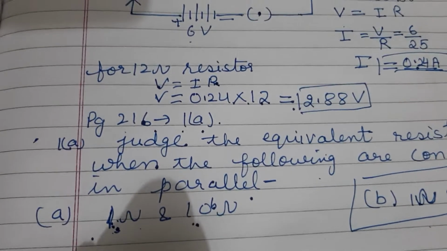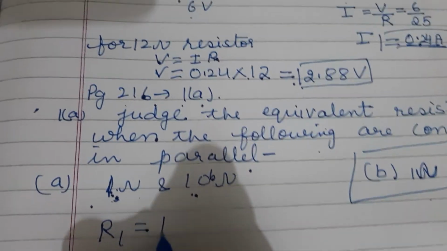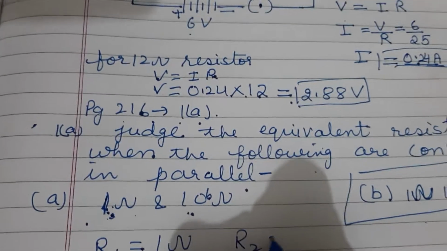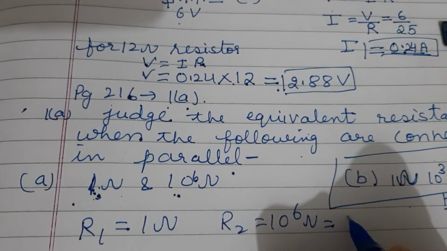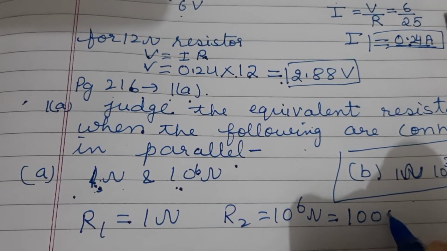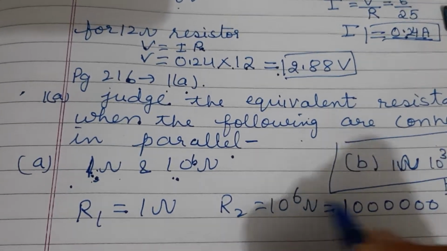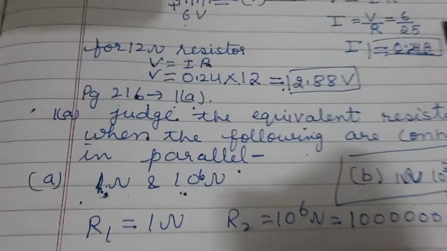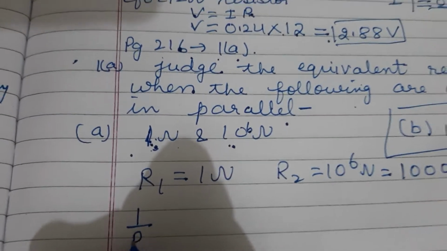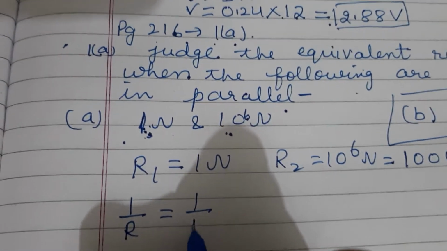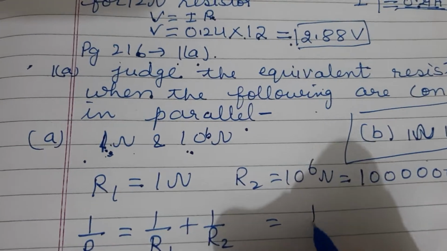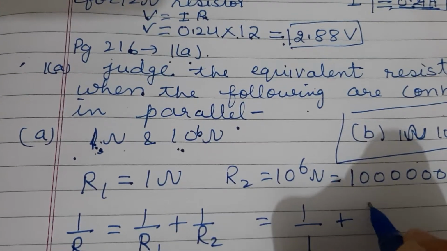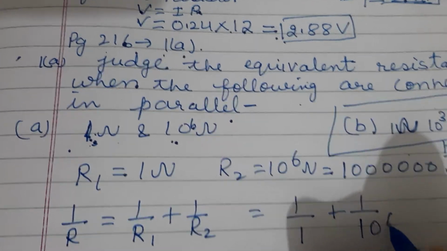It means our answer should be less than 1 ohm, because it is a parallel combination. So R1 is equal to 1 ohm and R2 is equal to 10 raised to power 6 ohm, which we can write like this: 1, 2, 3, 4, 5, 6 zeros. For parallel combination, the formula is 1 by R1 plus 1 by R2. By substituting the values, 1 by 1 plus 1 by 10 raised to power 6.